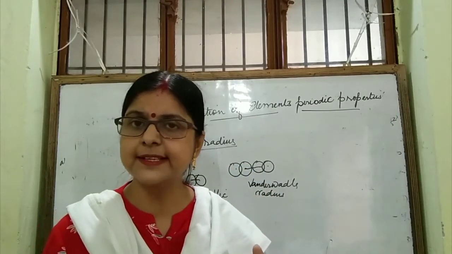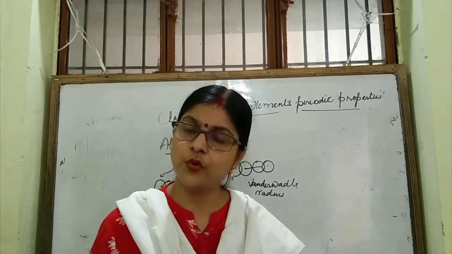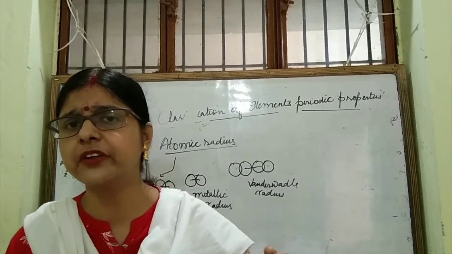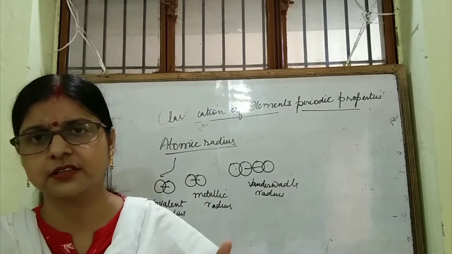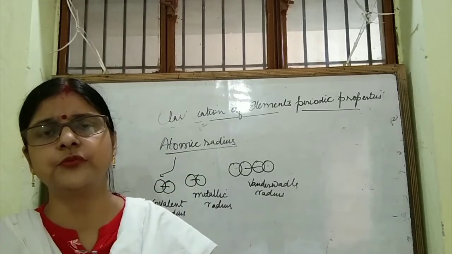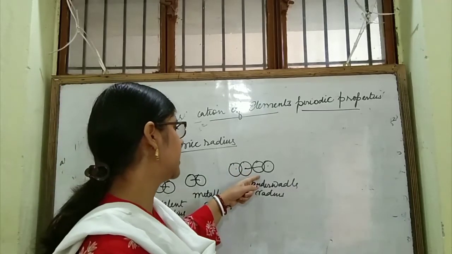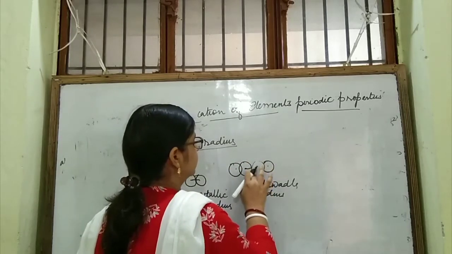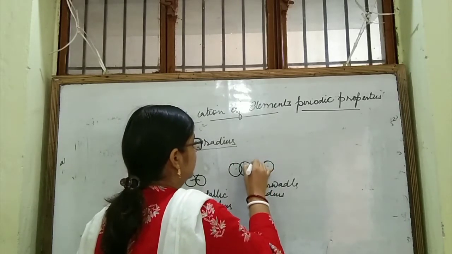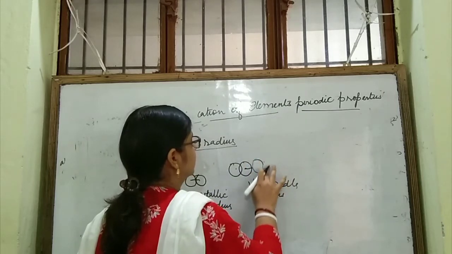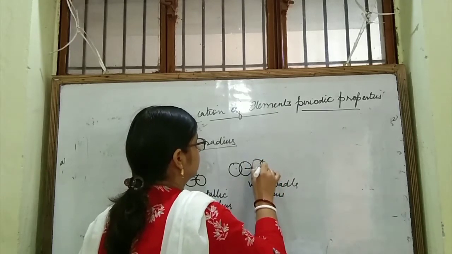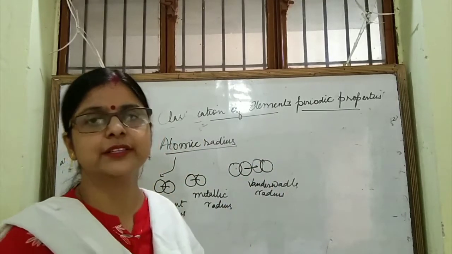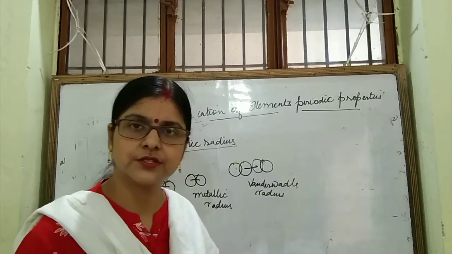Next is van der Waals radius. In case of noble gases, which exist in the monoatomic state, as well as if we want to find out the atomic radius of an element which is bonded to two different elements in a molecule, then we take the distance of two nearest atoms in two different molecules, and we divide it by 2 to get the magnitude of van der Waals radius.